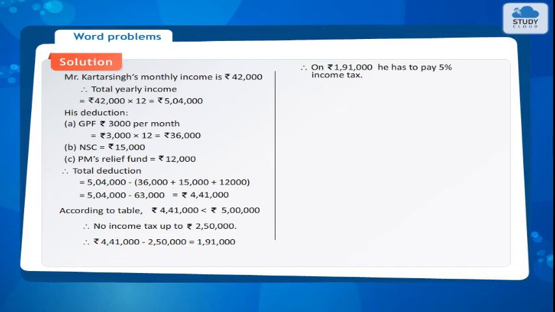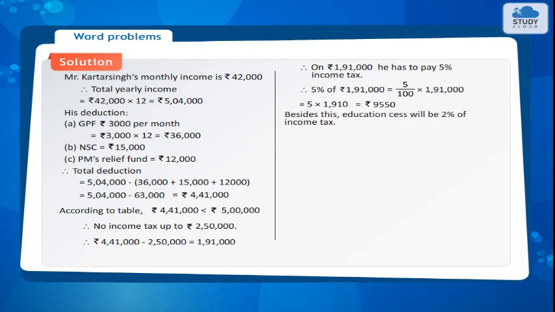Therefore, on 1,91,000 rupees, he has to pay 5% income tax. Therefore, 5% of rupees 1,91,000 is equal to 5 upon 100 into 1,91,000 is equal to 5 into 1,910 is equal to rupees 9,550.